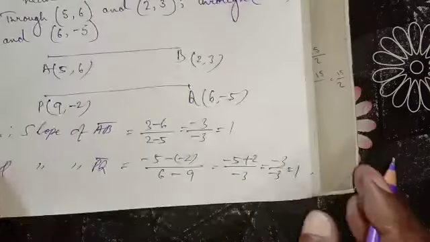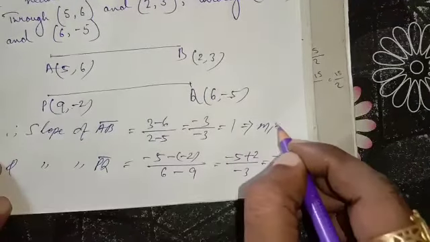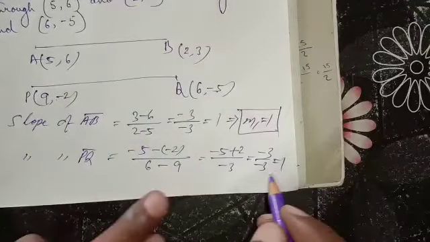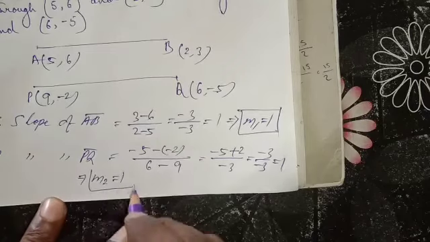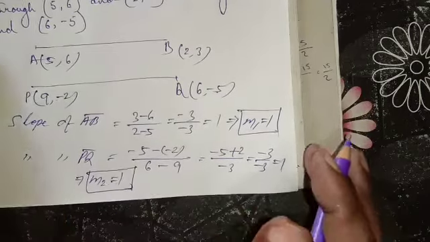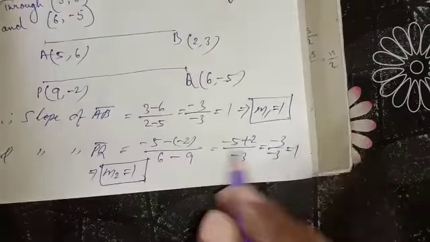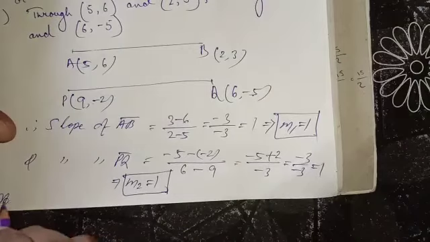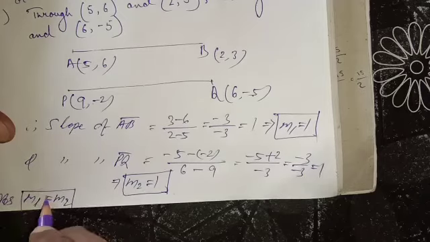So are both the slopes equal or not? The first line slope m1 is equal to 1, and the second line slope you got 1, that implies m2 is equal to 1. Whenever the two slopes are equal, that means m1 is equal to m2, the lines are parallel to each other.